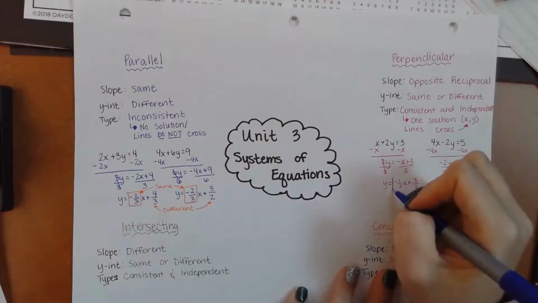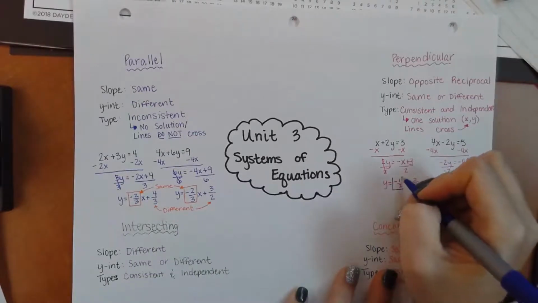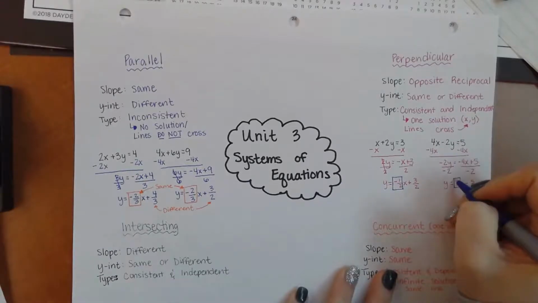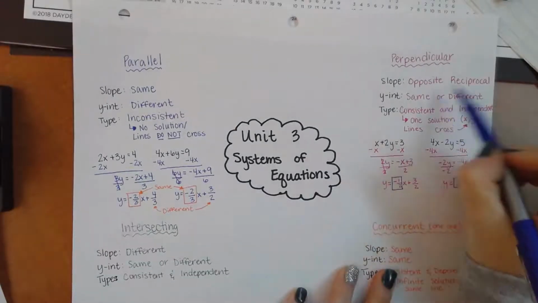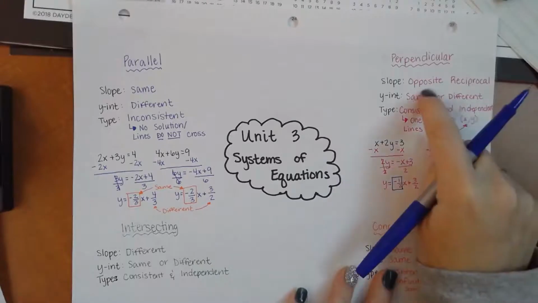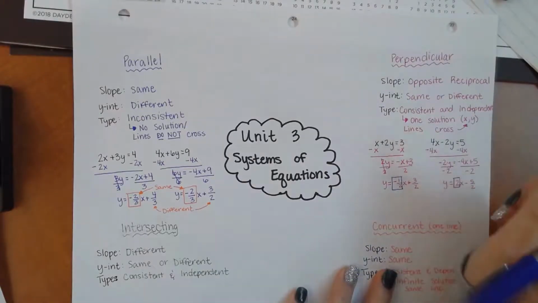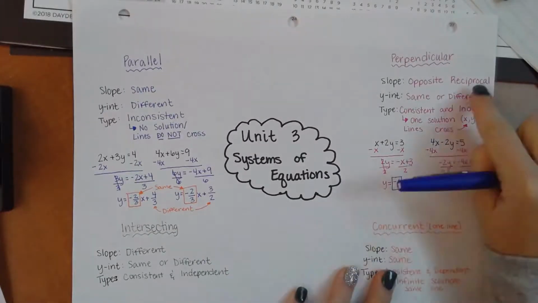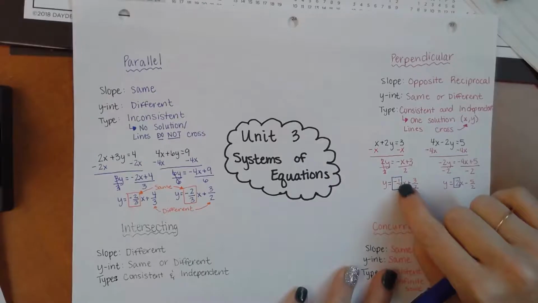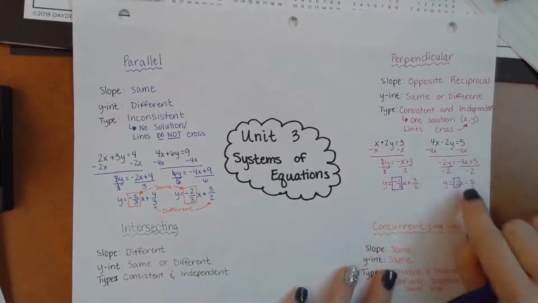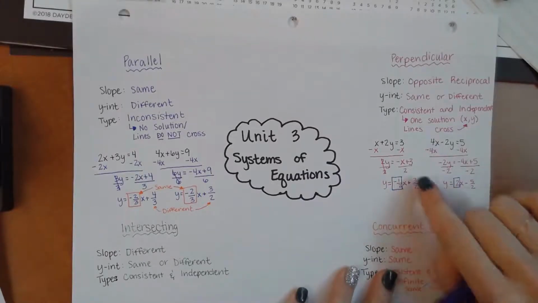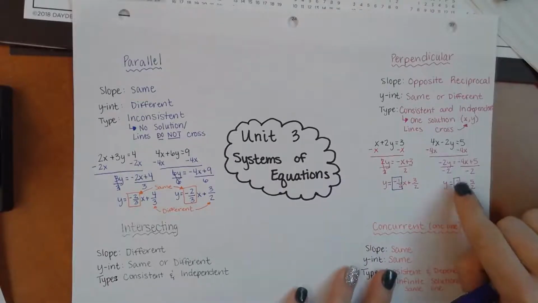Now with these, if I look at my slopes, they need to be opposite reciprocal, which means opposite, meaning that you have opposite signs. So one is positive and one is negative. And then reciprocal meaning that if you were to flip your fraction around, it would look like your other number. So if I were to flip this upside down, it'd be 2 over 1, which is just 2, which is this right here.